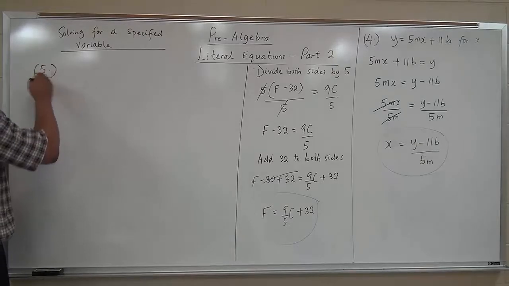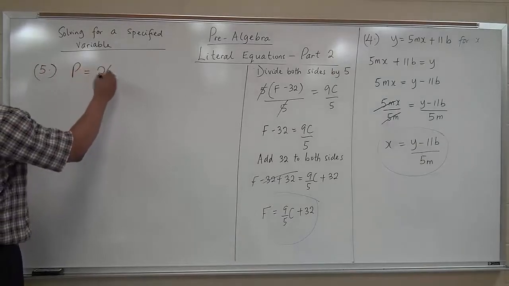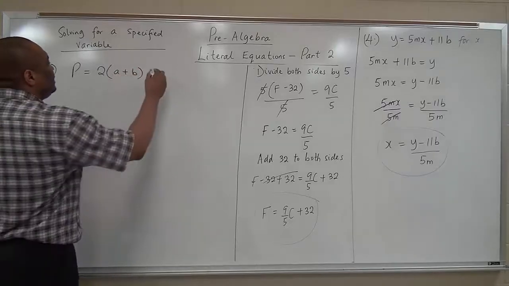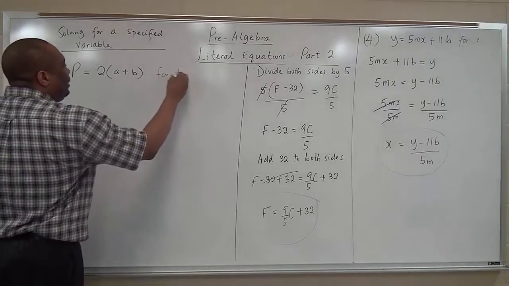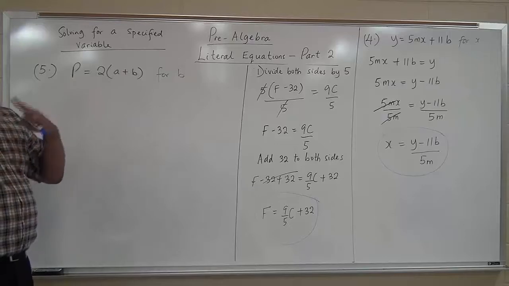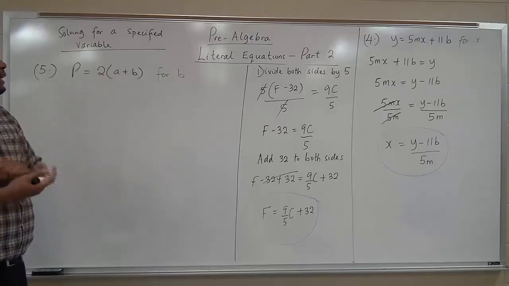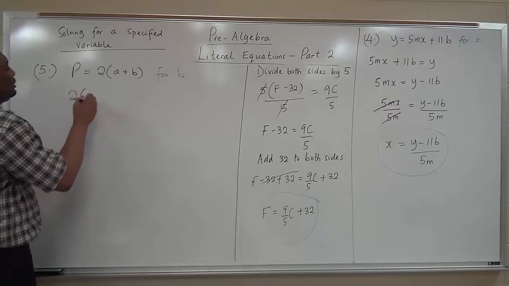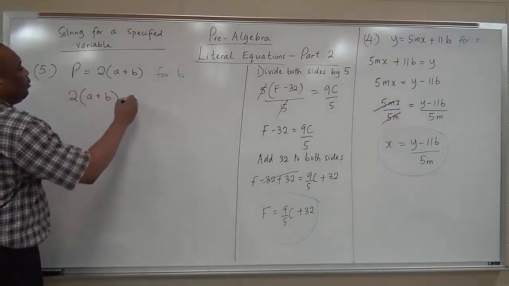Question 5: P equal to 2 times a plus b. I want to solve this for b. Let's rearrange this because b is on the right hand side. So when we rearrange, that means 2 times a plus b equal to p.